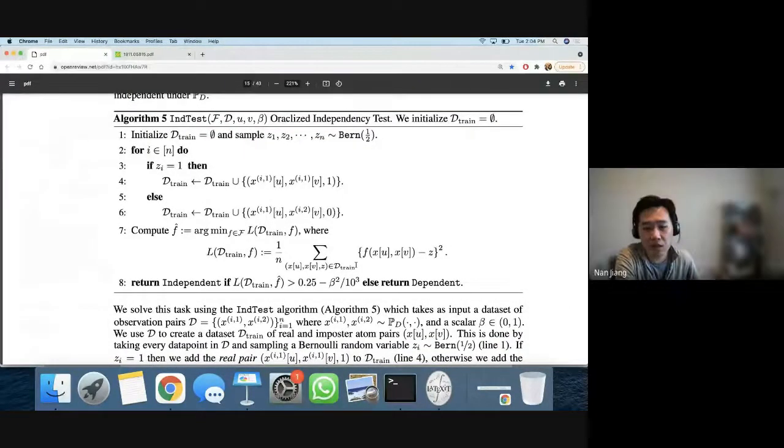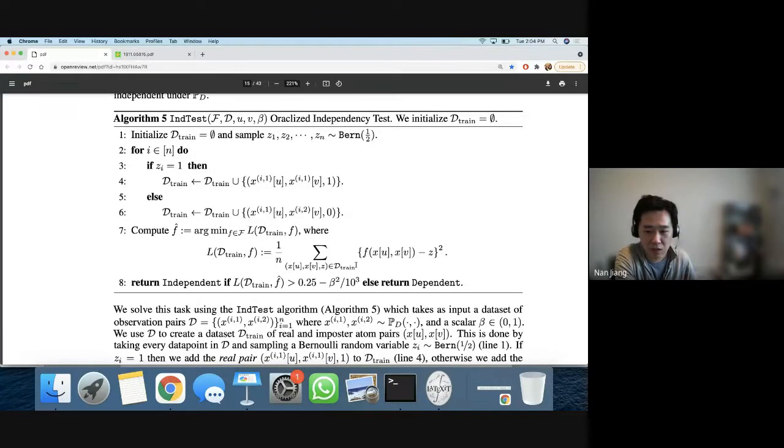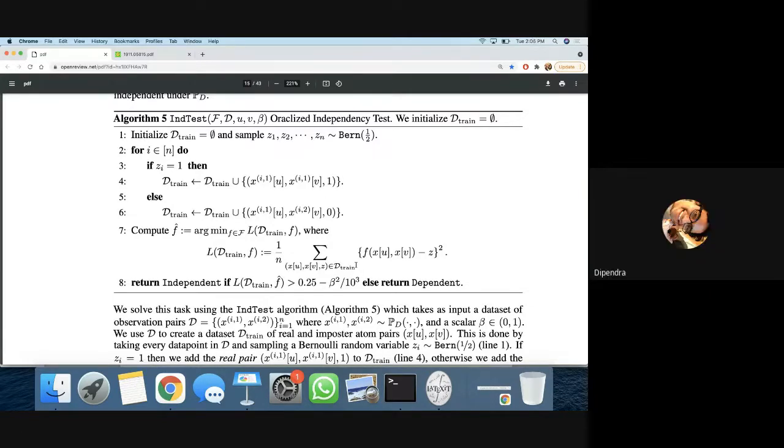But I guess the question is, does the algorithm need to know the value of beta, and does that beta change? You're running many different independence tests, right? It seems like beta can change from one test to another, and also is your knowledge of this beta one-sided or two-sided? I see what you're saying. You're saying, can I just always use a smaller beta than required? Yeah.